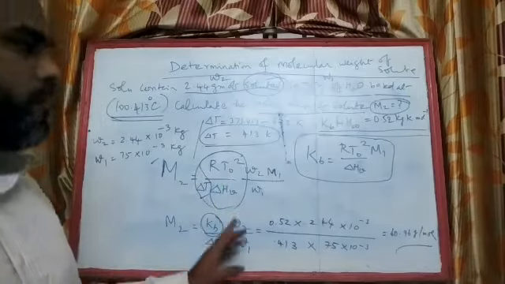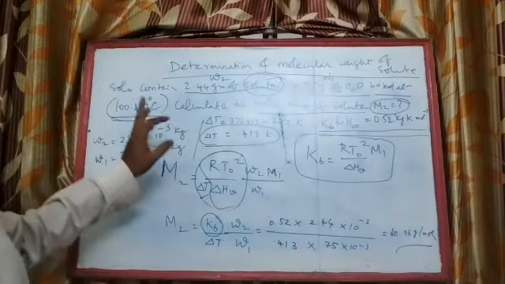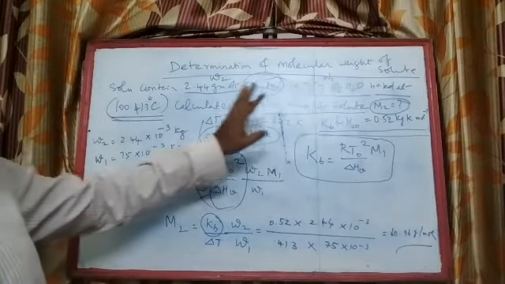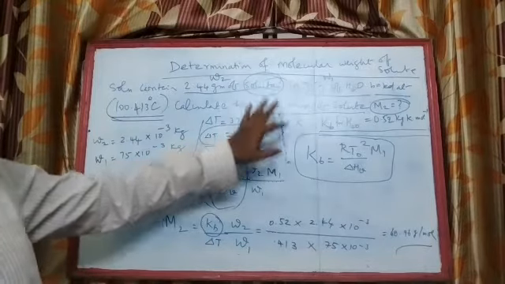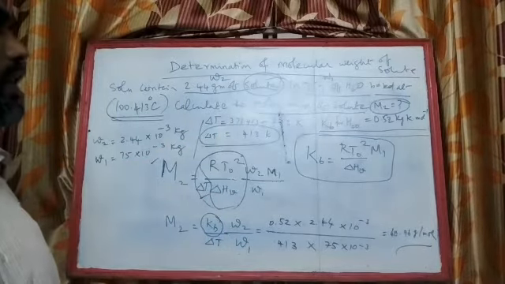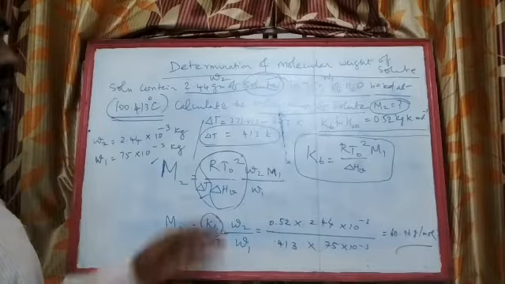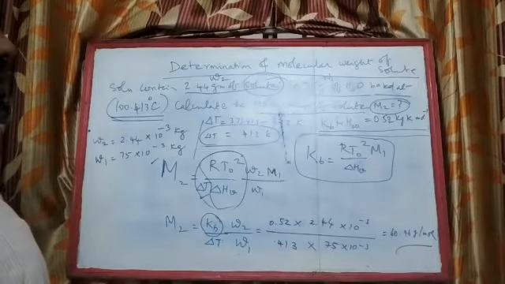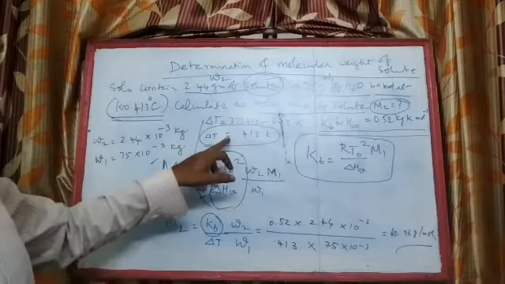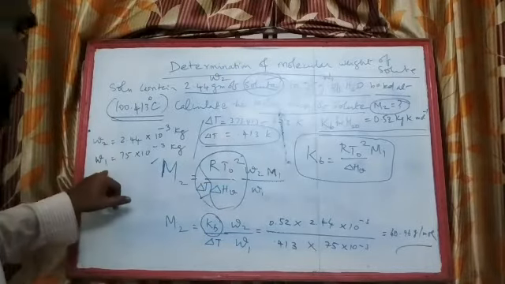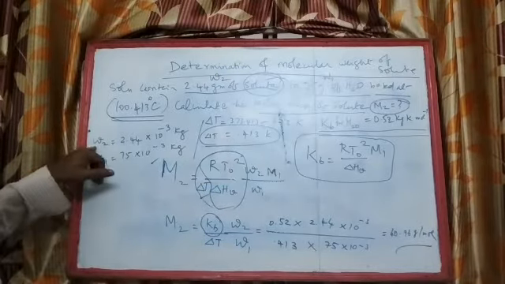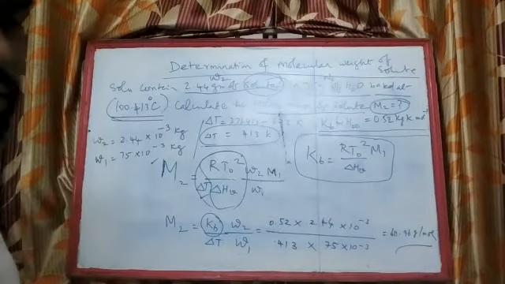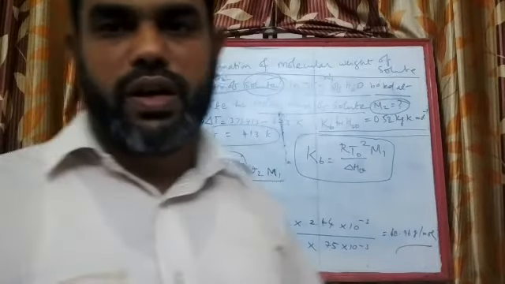So if the molecular weight of the solvent is given, in a similar way you can find it out. Provided you are given the ebullioscopic constant, elevation of boiling point, weight of solvent and weight of solute, you can calculate the molecular weight of a particular solute. Okay.